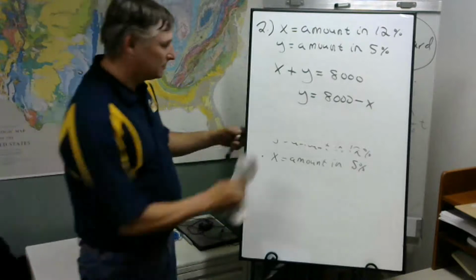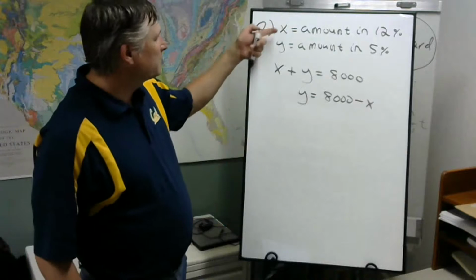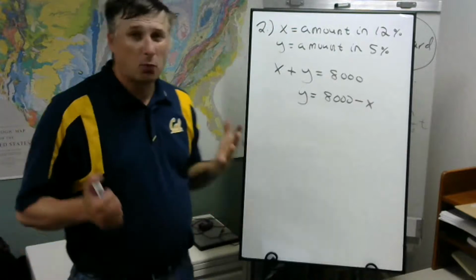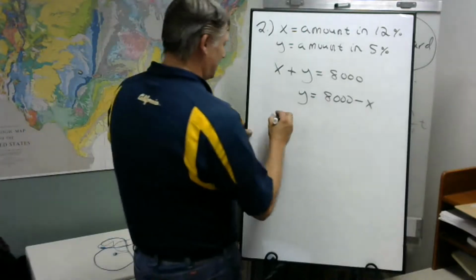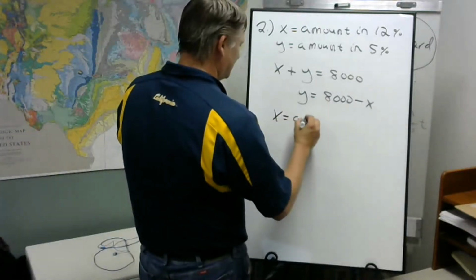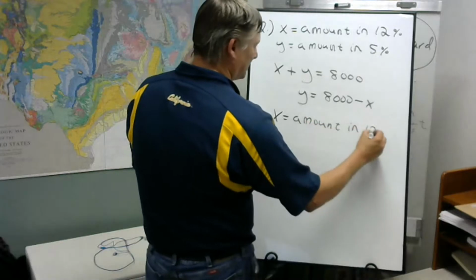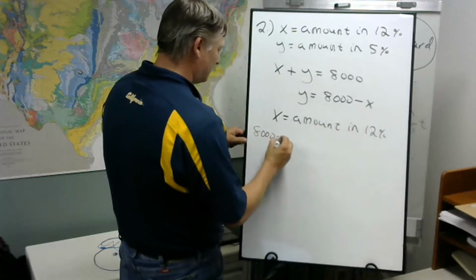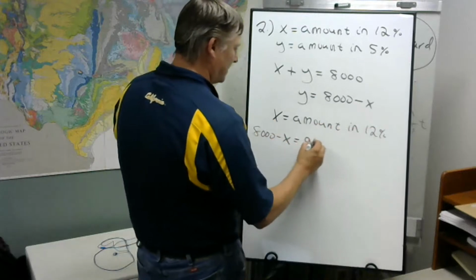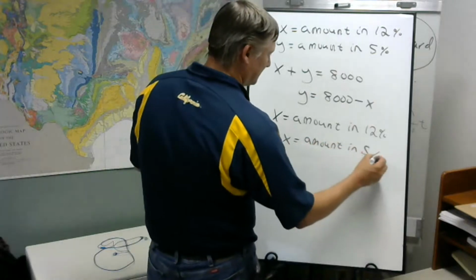So what this lets us do is rewrite these in terms of one variable. We can get rid of this Y. So we'll say X is the amount in 12%, and 8,000 minus X is the amount in the 5%.